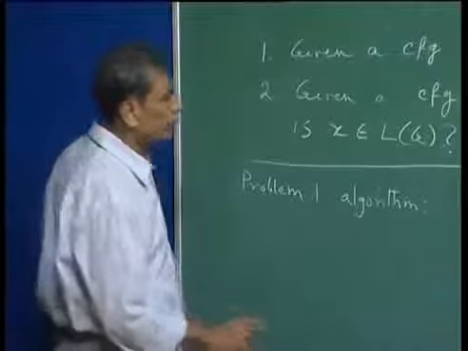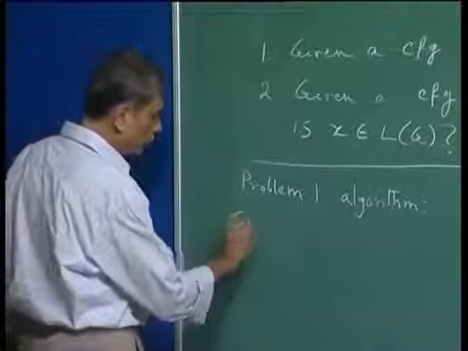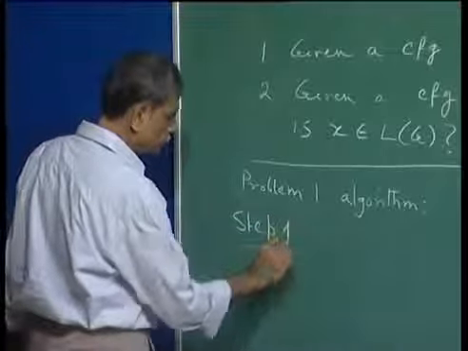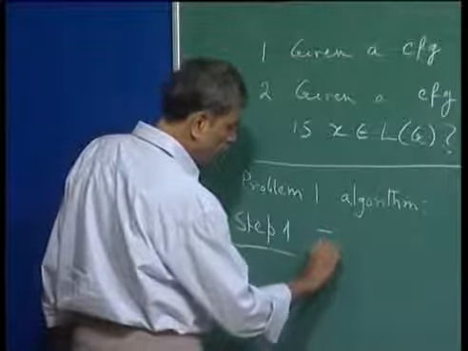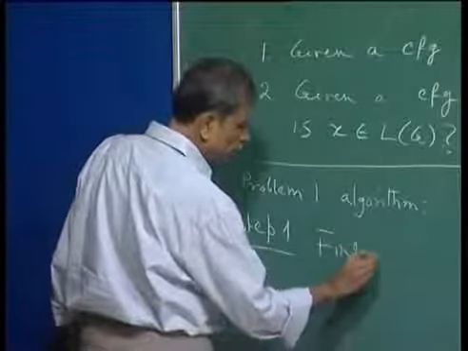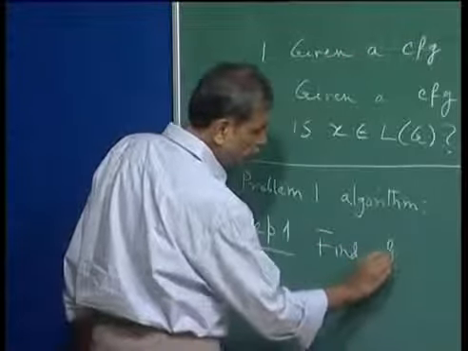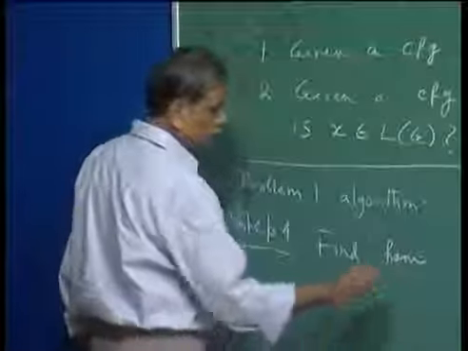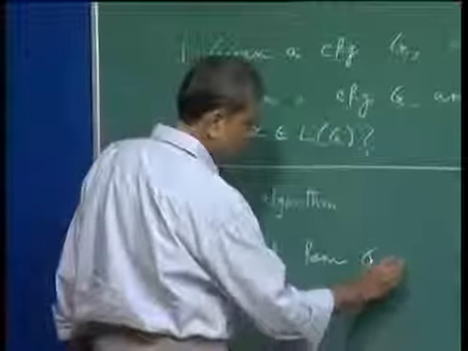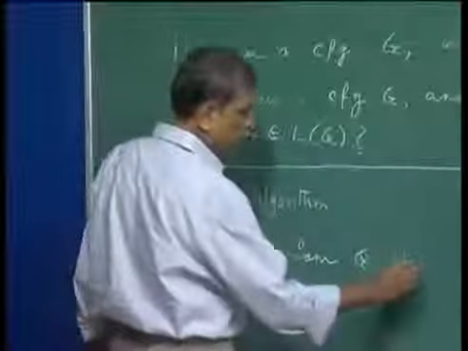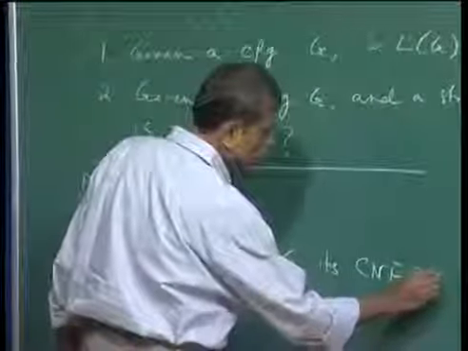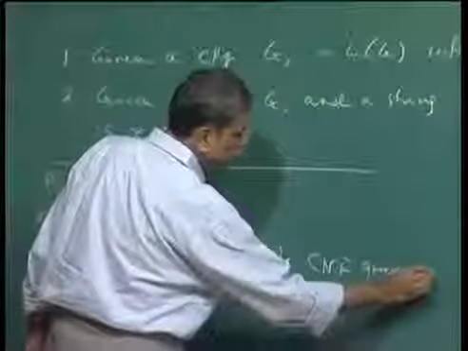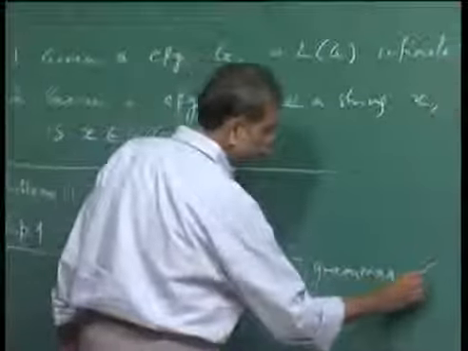So, first what we do is step 1: find from G its Chomsky normal form grammar G1.